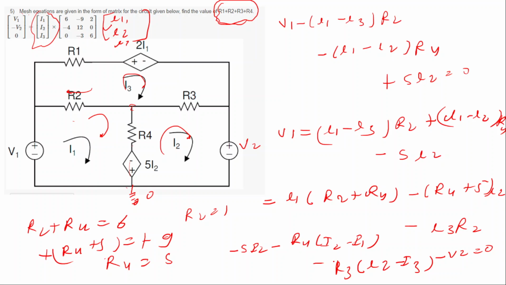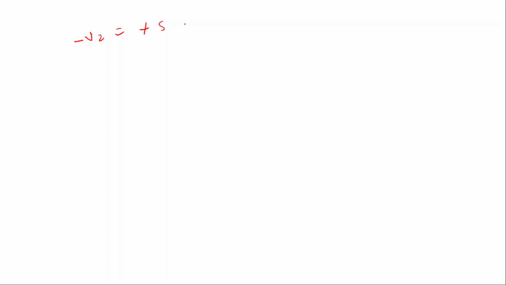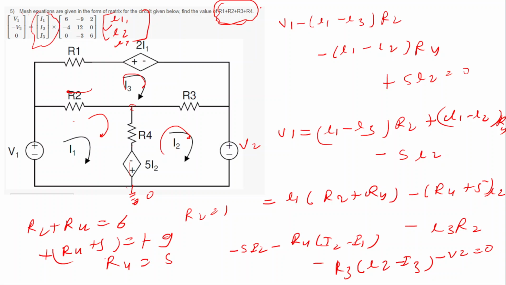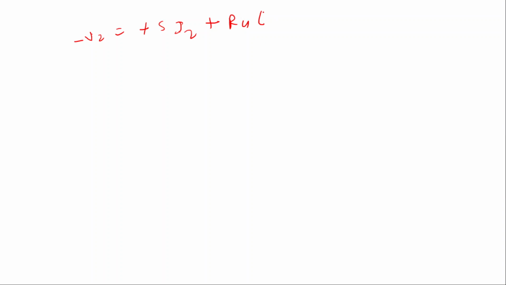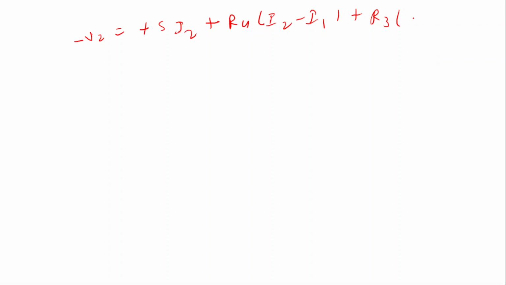Now if we move all these terms to the right side, minus V2 will be equal to plus 5 times I2 plus R4 times I2 minus I1 plus R3 times I2 minus I3. Okay, so now let's rearrange the terms.